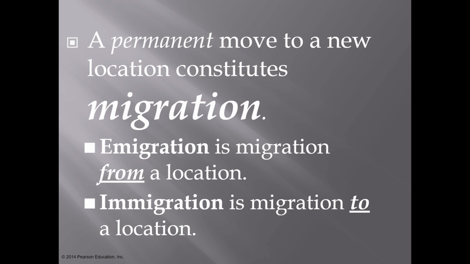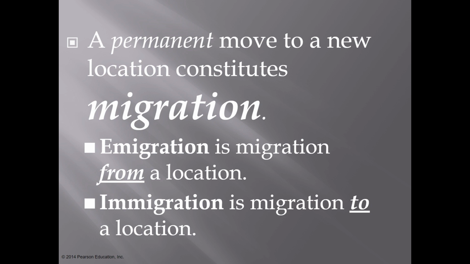What is migration? Migration is a permanent move to a new location. So when you move permanently or semi-permanently, or your intention is to move permanently, then that means you are engaged in migration. Now, every time you migrate, you are leaving one place and you are going to a new one. Where you left, that is called emigration.